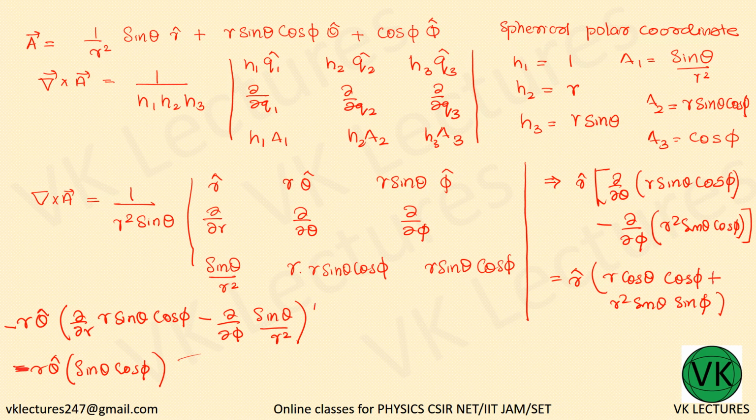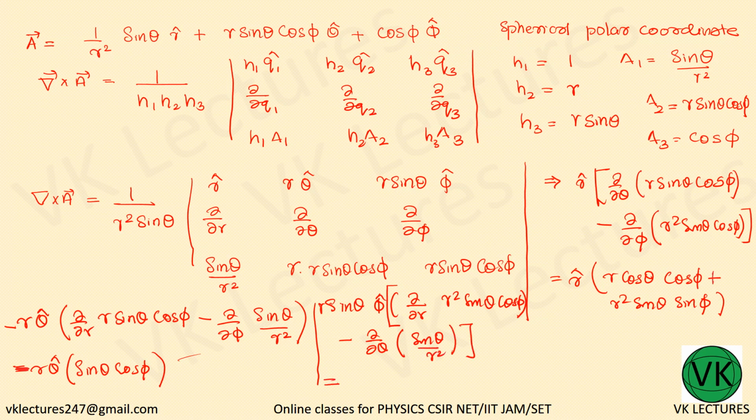Then again last term, that is r sin theta phi cap into dou by dou r of r square sin theta cos phi, minus dou by dou theta of sin theta by r square.